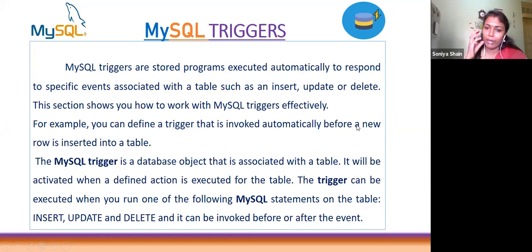To make it clear, suppose you are inserting a new record into the table. A trigger can get executed automatically if you have implemented it. No need to call the trigger as with a procedure. That is the advantage here.